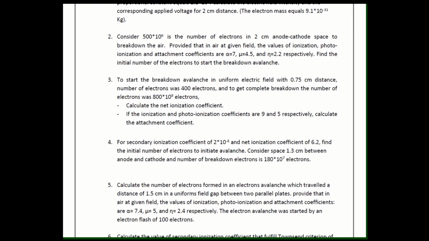The second question asks us to consider 500 into 10 to the power 6 as the number of electrons in a 2 centimeter anode-cathode space to break down the air.